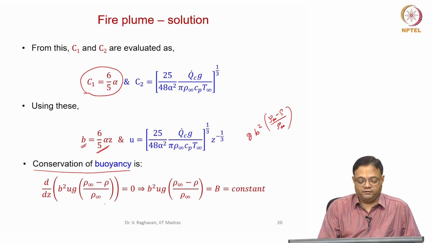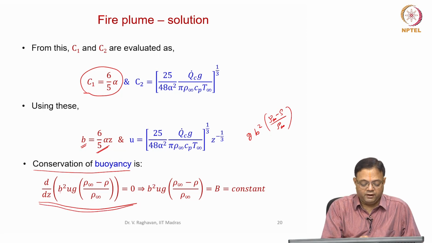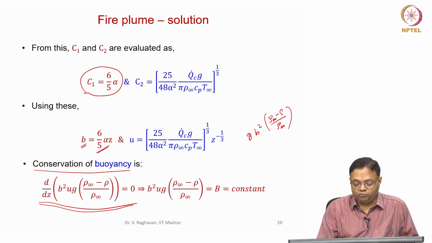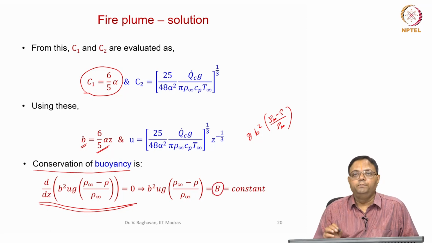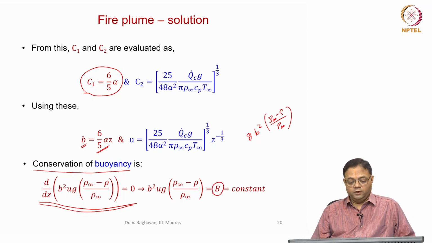There is no diffusion, etc. So this is the conservation equation for the buoyancy. d by dz of b square u comes here because of the convective term. So b square u g delta rho by rho infinity will be equal to 0. That means this term in the bracket, b square u g delta rho by rho infinity, will be a constant called B, the buoyancy.